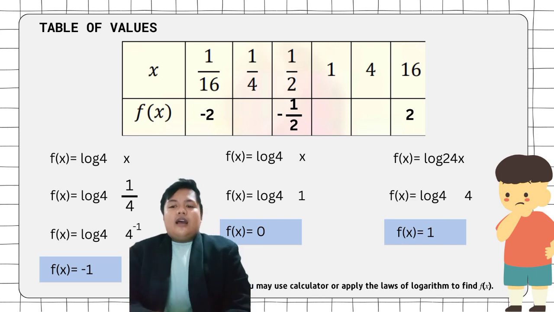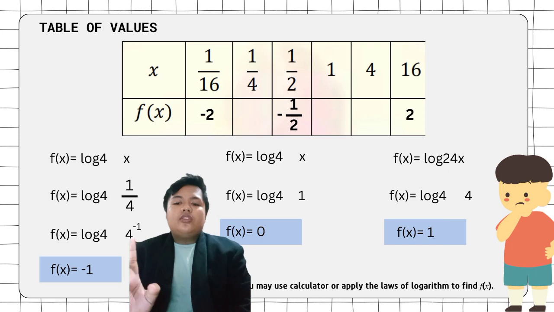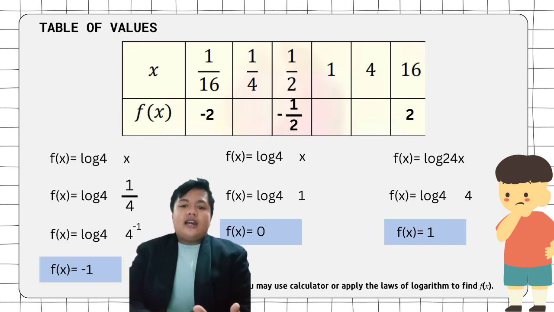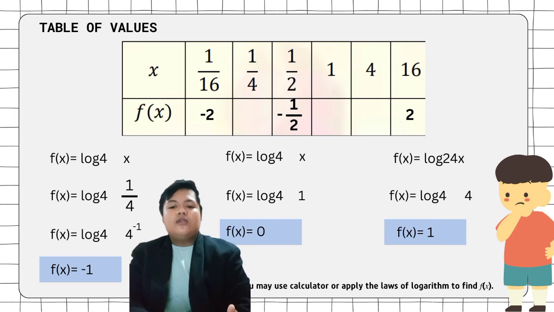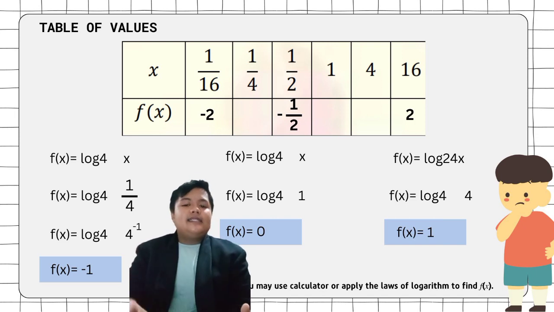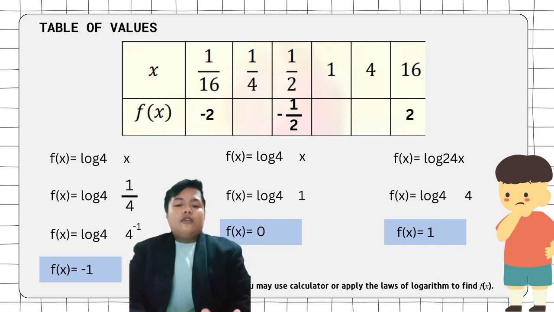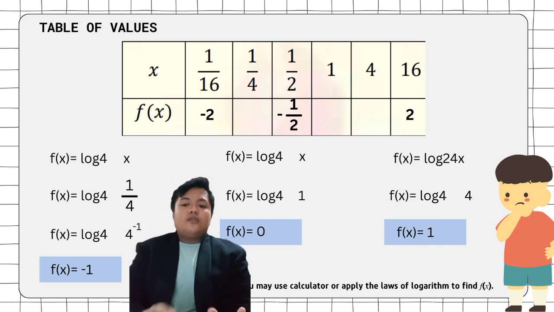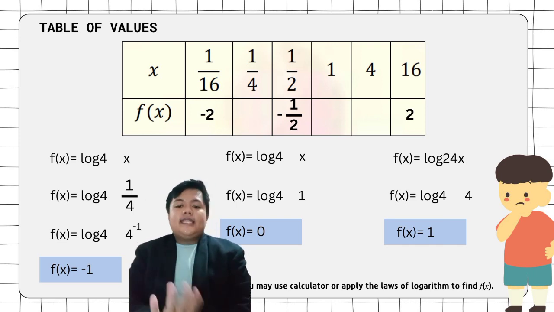Kasi, kung matatandaan nyo, both ng numerator and denominator is may imaginary exponent na 1. So, kung reverse ko siya, naging negative 1 yung exponent. Then, naging 4 siya. So, yan, magka-cancellation lang tayo sa log 4 base 4. So, ang nakuha ko is negative 1.